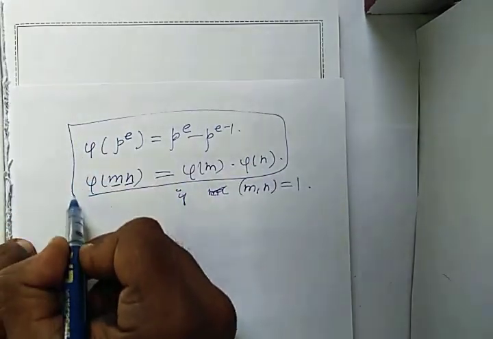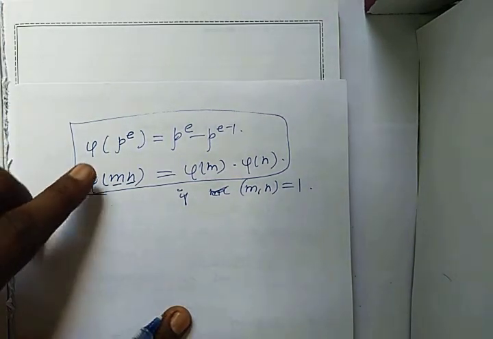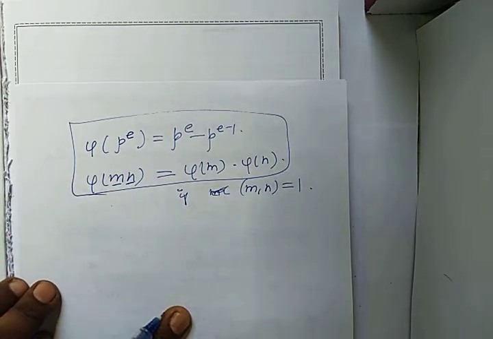These two results are important. If you know these two results well enough, we can find phi for any integer very easily.